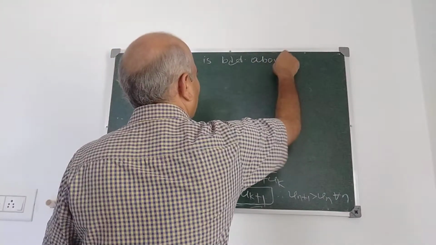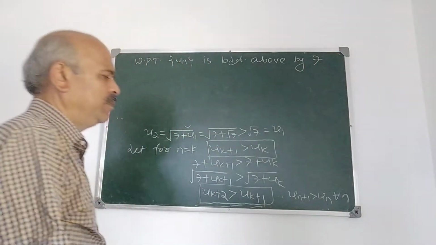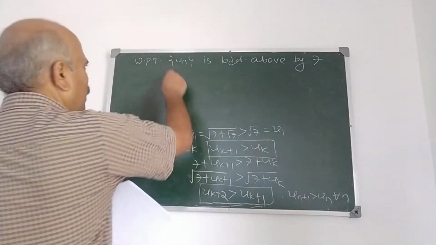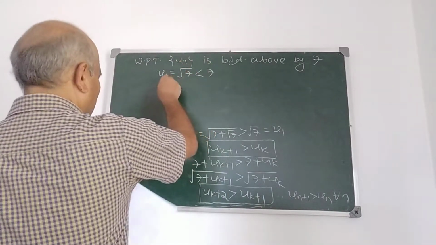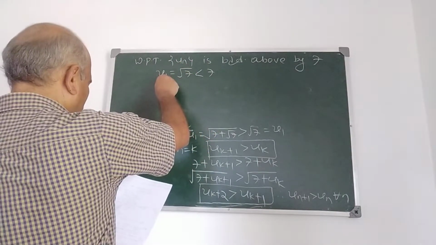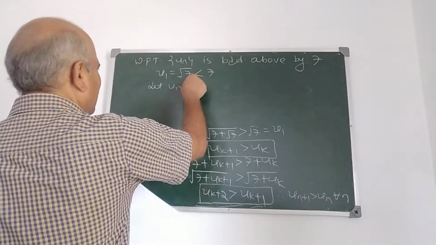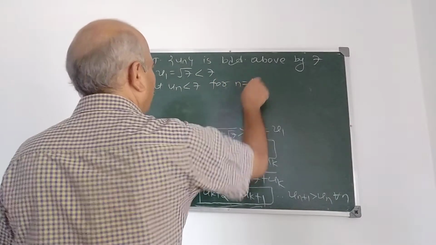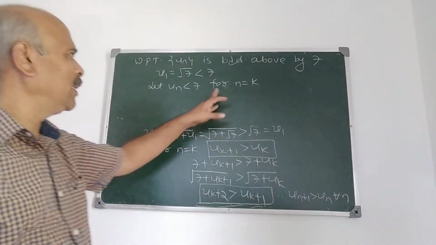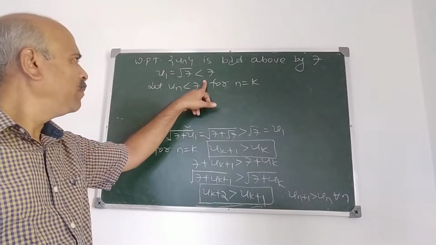It is increasing, and we prove that it is bounded above by 7. For that, u_1 is root 7, which is less than 7. And let u_n be less than 7 for n is equal to k. Again we use induction here. We prove that it is bounded above by 7.